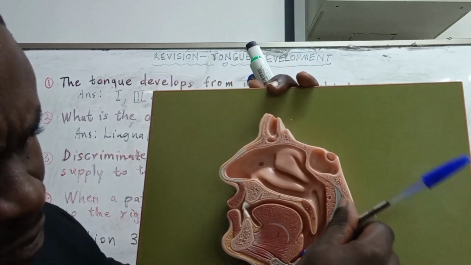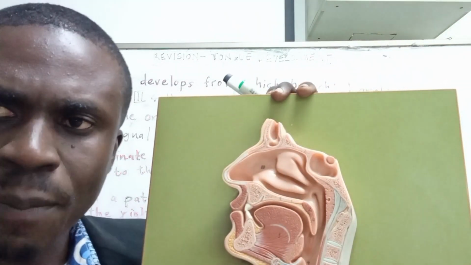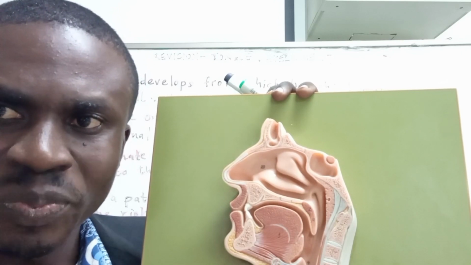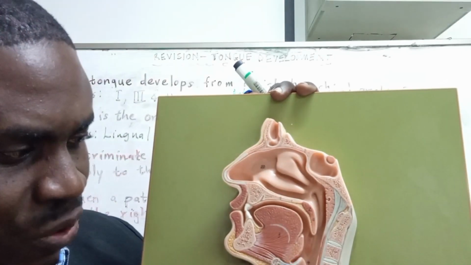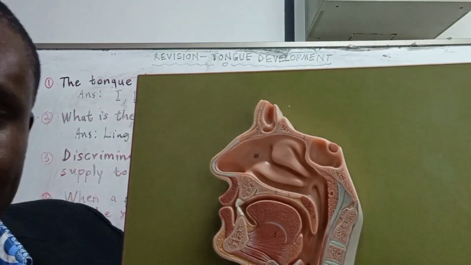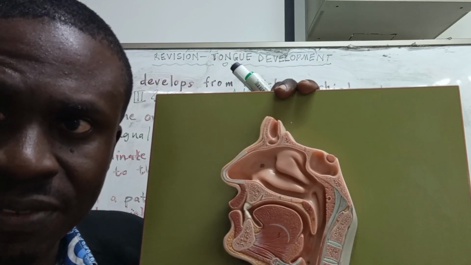And of course, this region where we have some folds, because this is the epiglottis. Remember that the epiglottis will also arise from the caudal portion of the copula. That is why this area will also be getting supply from the superior laryngeal nerve we are talking about. Yes, a branch of the vagus nerve.